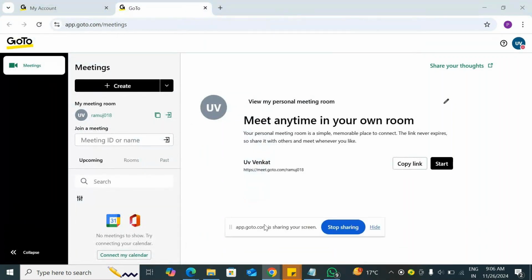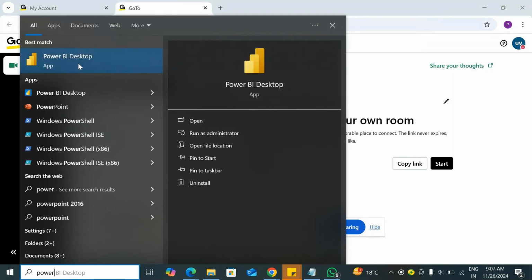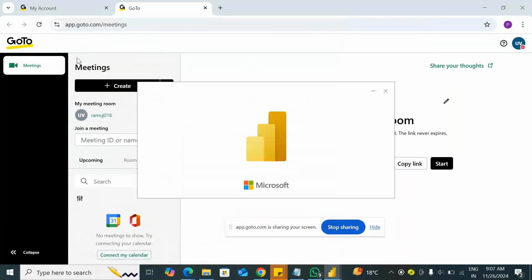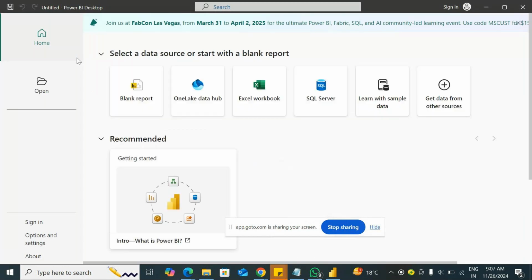Yesterday we started with one module called visualizations. As part of that module, we covered three visualizations: a card, a pie chart, and a donut chart.